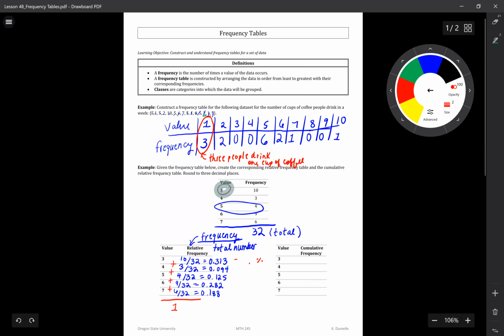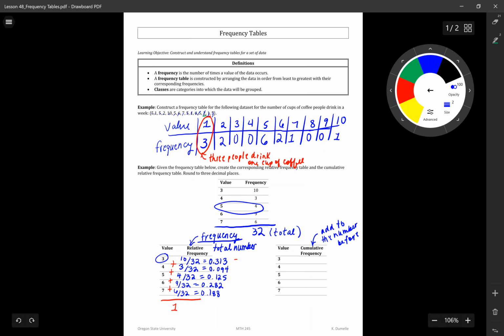All right, moving on to cumulative frequency. What does that mean? Well, here I basically add to the number before. What does that mean? Well, the first value I have here is 3, and my cumulative frequency here is just that number, right?